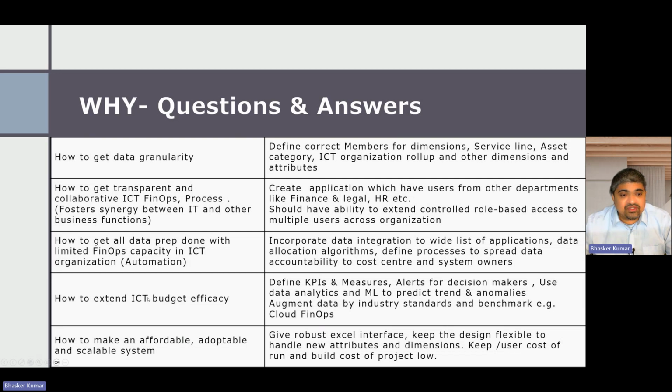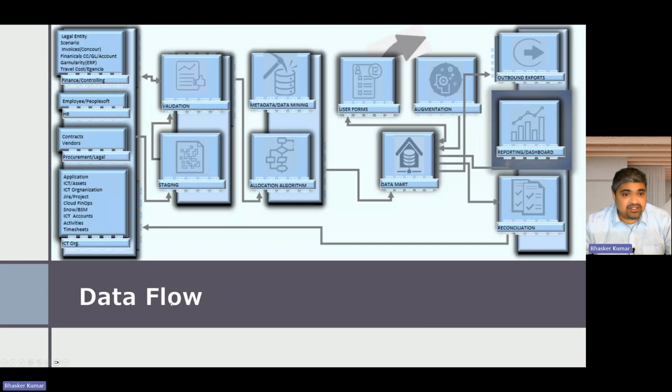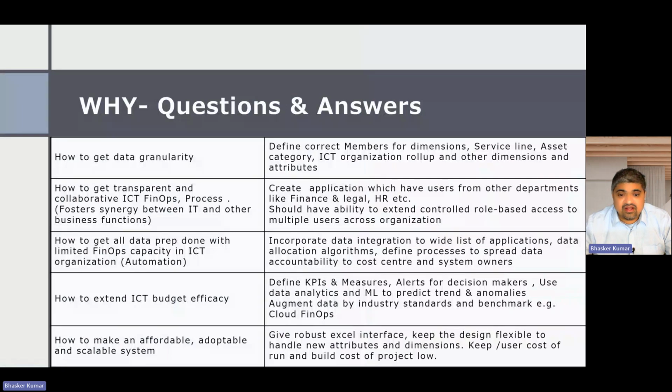Budget efficacy. If you have a granular view of all the data, then you can increase your budget efficacy. ICT is primarily considered a cost center, and there is always pressure to cut costs, cut costs, cut costs. At the same time, you have to deliver higher value to keep yourself a value creator to the organization.